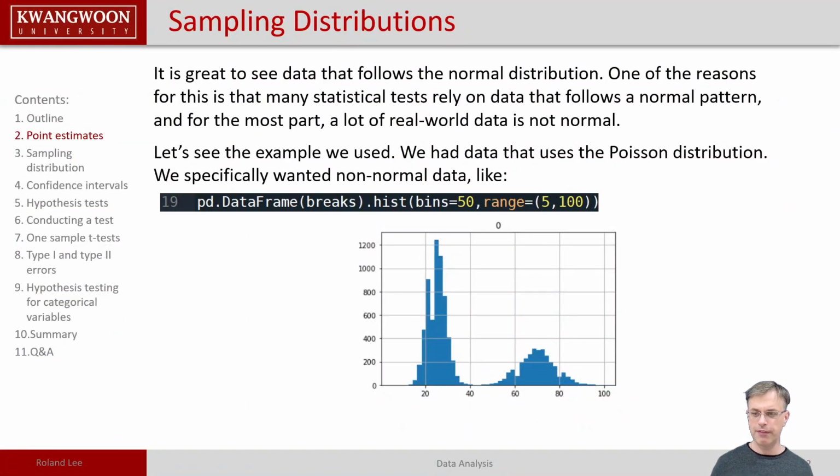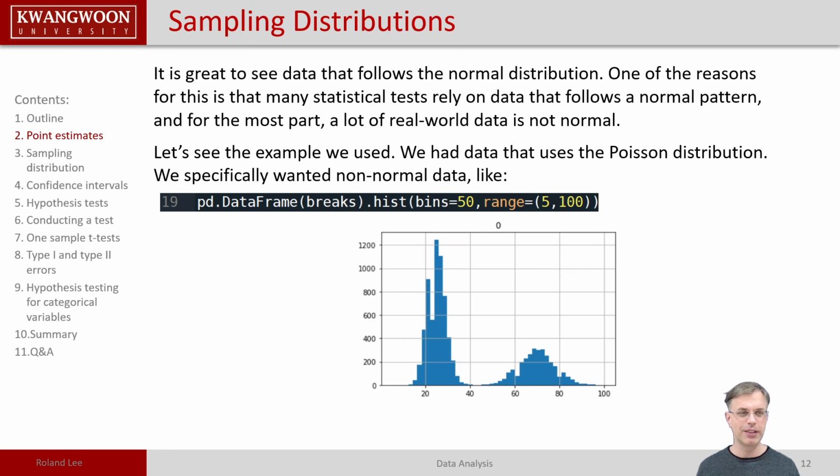Now in chapter 7, basic statistics, we mentioned how much we love it when data follows the normal distribution. One of the reasons for this is that many statistical tests rely on data that follows a normal pattern, and for the most part, a lot of real-world data is not normal, right?